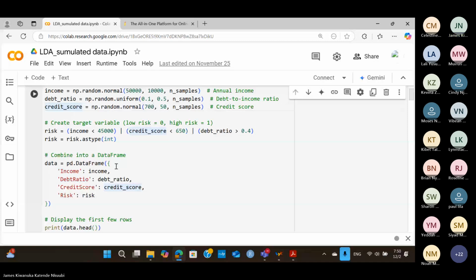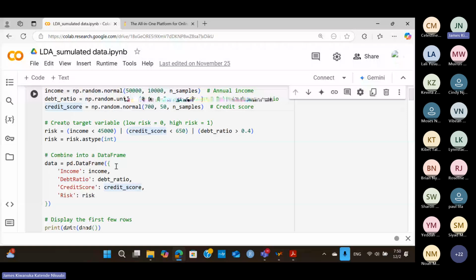If any one of these is met, if the income is less than 45,000, credit score is less than 650, or debt ratio is greater than 0.4, if any one of these conditions is met, then the given row in the data frame will be classified as high risk. Otherwise, the others who are low risk will be labeled 0.